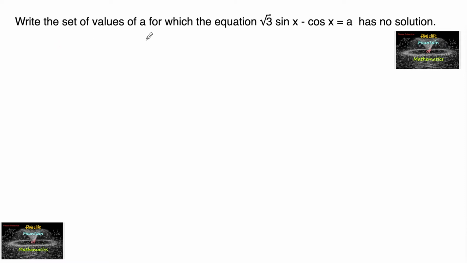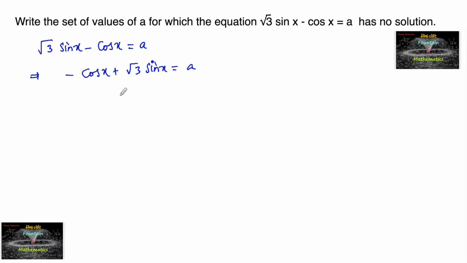Write the set of values of a for which the equation root 3 sin x minus cos x is equal to a has no solution. This can also be written as minus cos x plus root 3 sin x is equal to a.